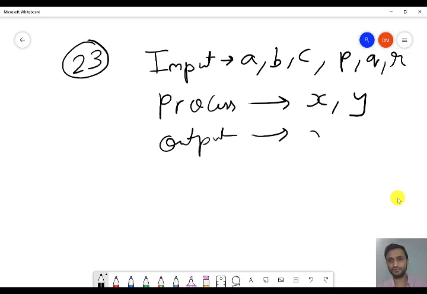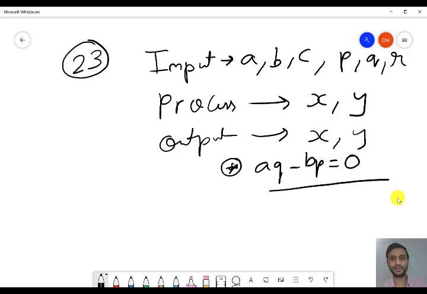Obviously the value of X and Y. But again, there is a small note that if AQ minus BP equal to 0, then you have to print no finite solution.